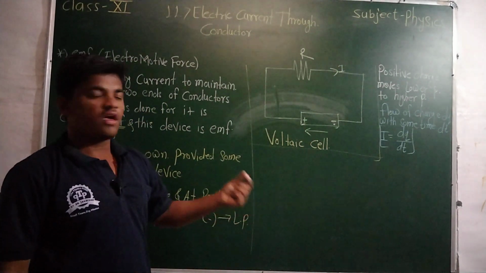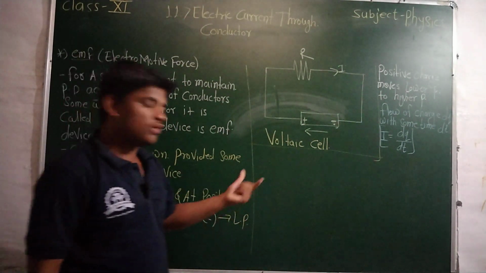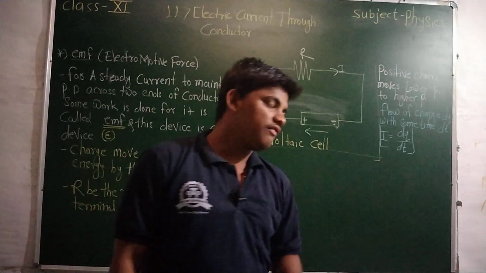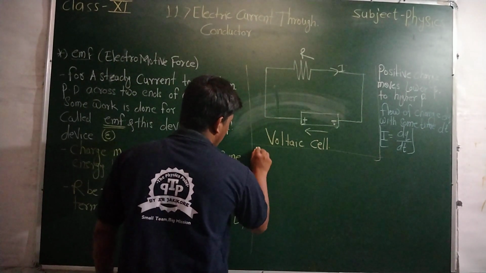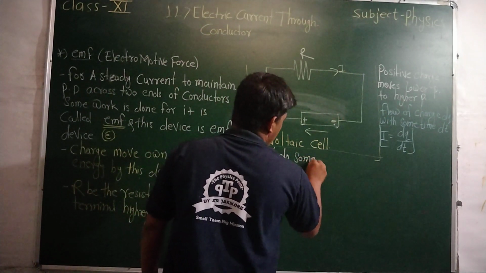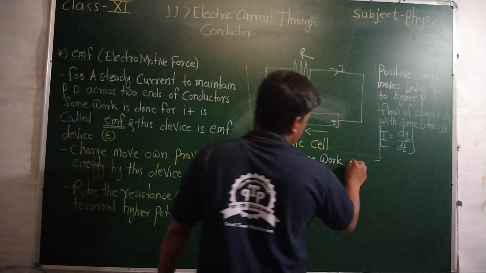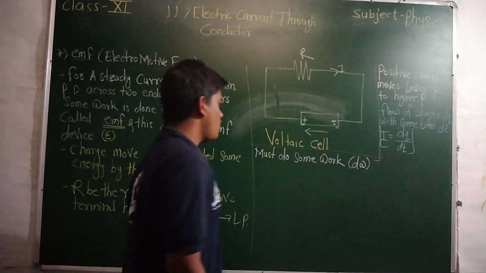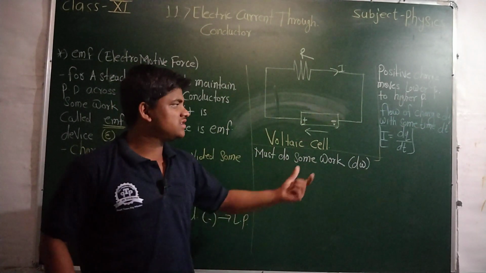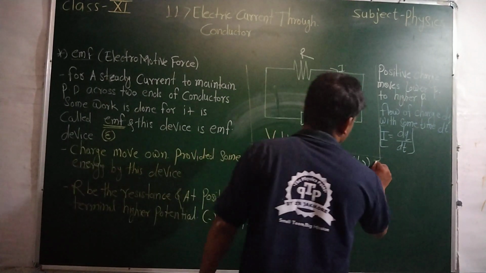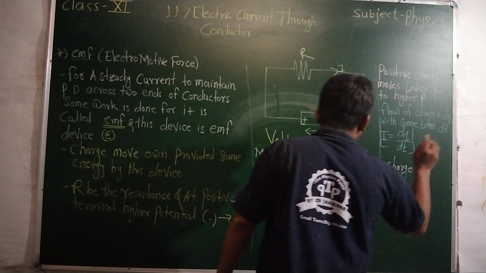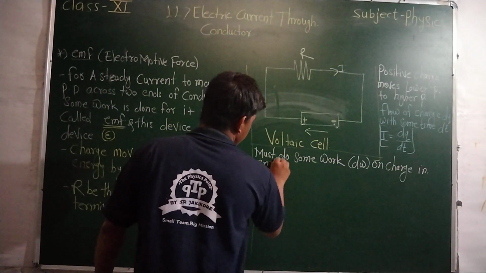When there is a potential difference across it, some work is done. The device must do some work, that is dW, on the charge dq that flows in the presence of an EMF.